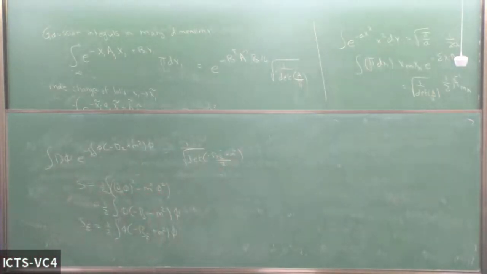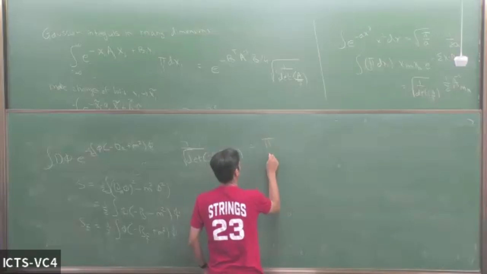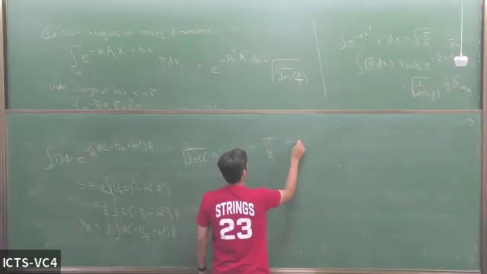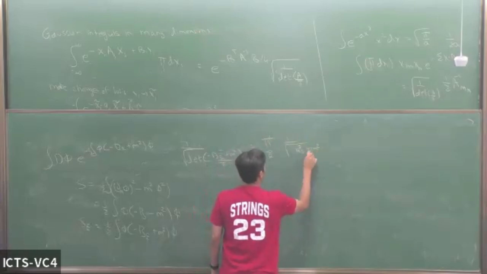In momentum space, this would just look like the product over all k of 1 by square root of k_E squared plus m squared by pi.